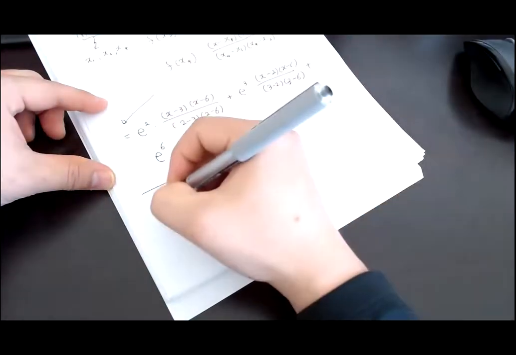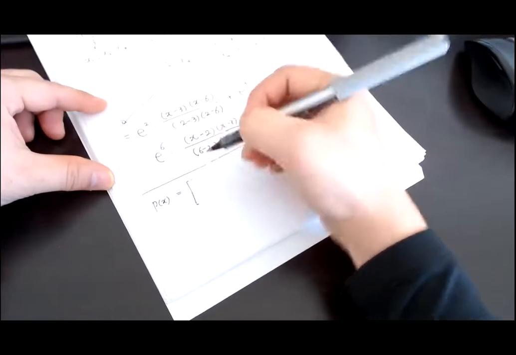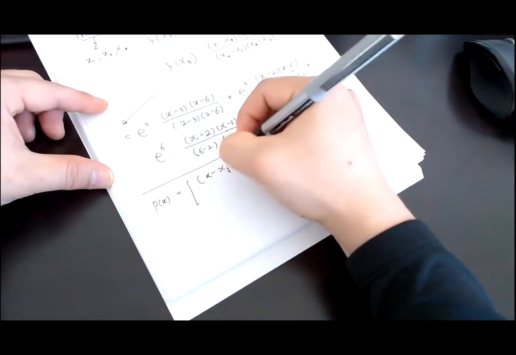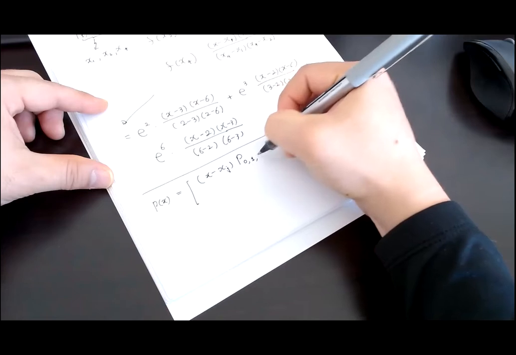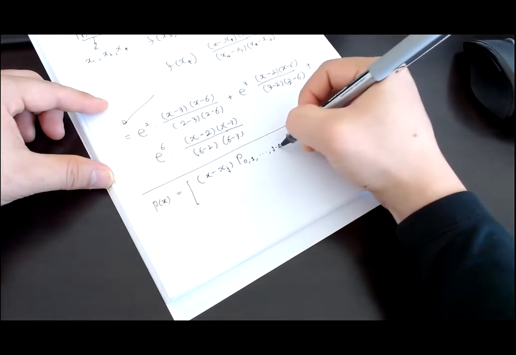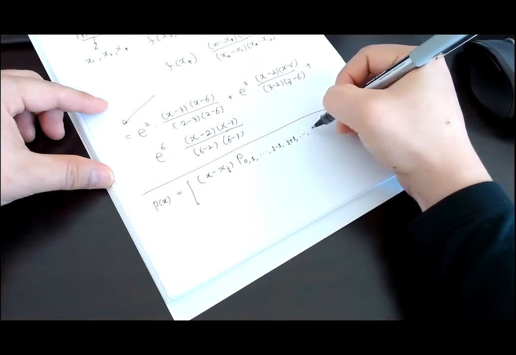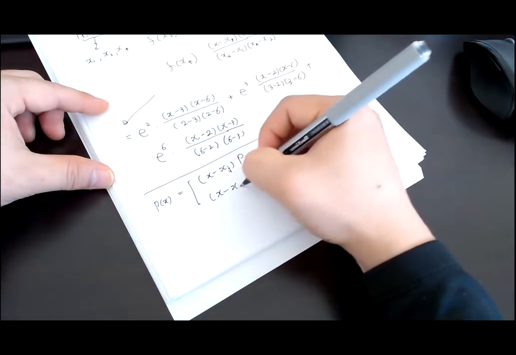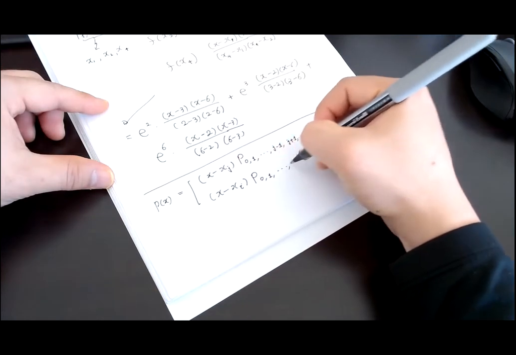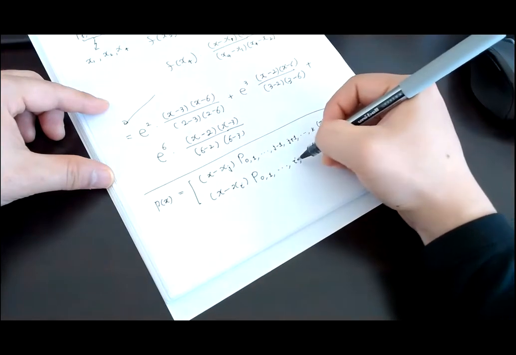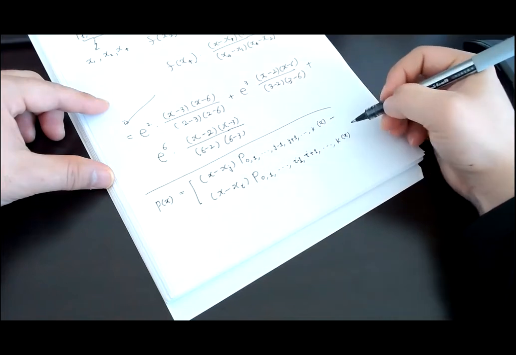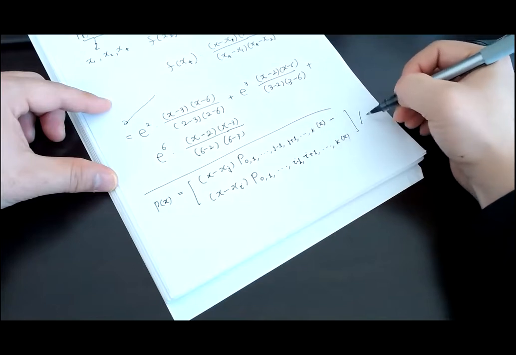P of x is equal to x minus xj times p0,1 through j minus 1, j plus 1 through k of x, minus x minus xi times p0,1 through i minus 1, i plus 1 through k of x, and then divided by xi minus xj.